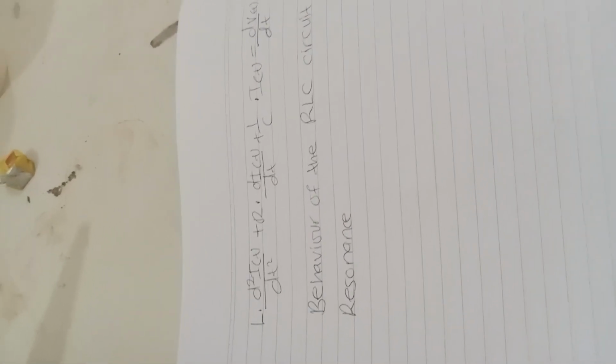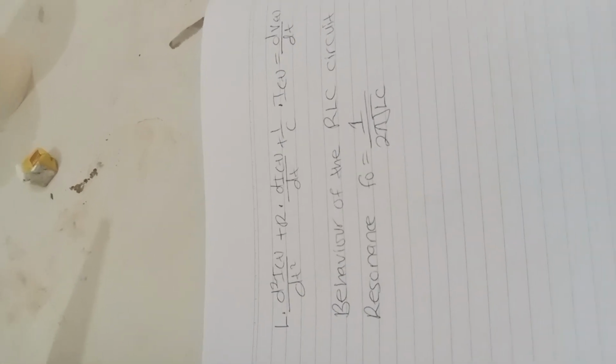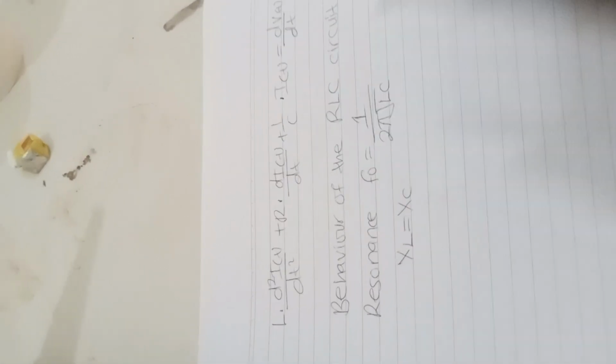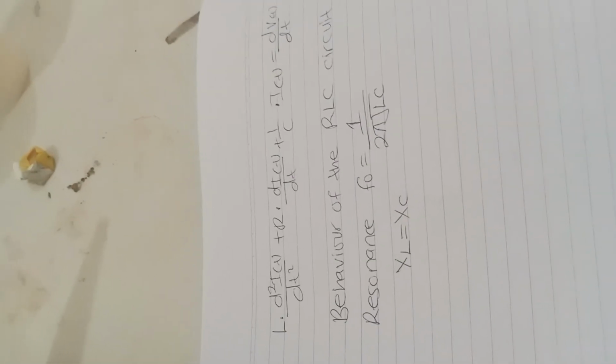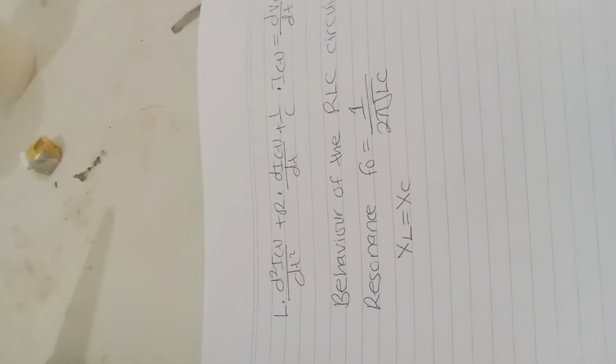First of all, what is resonance? Resonance occurs when the inductive reactance and the capacitive reactance are equal, which means they cancel each other out. The formula for the resonance frequency equals 1 all over 2 pi root of LC, which implies that at resonance frequency, the inductive reactance is equal to the capacitive reactance.